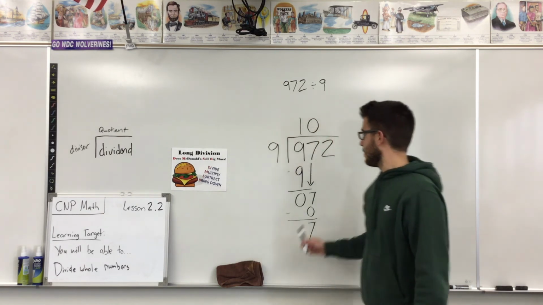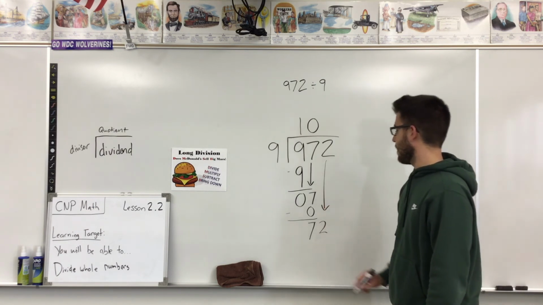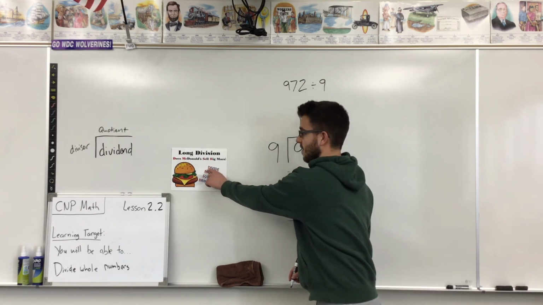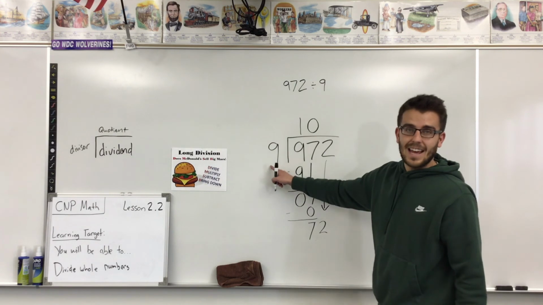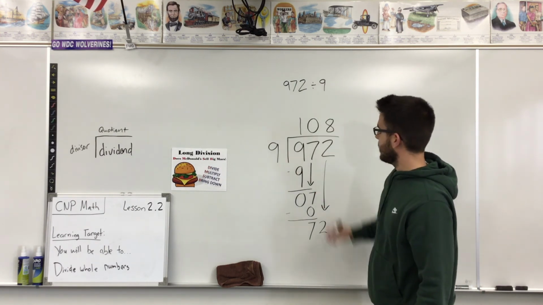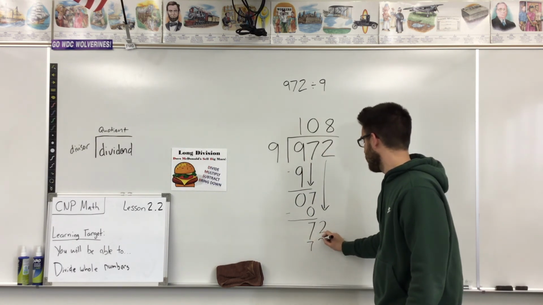Bring down. You bring down this 2, and we are left with 72. We go back to the very beginning, divide, and does McDonald's sell Big Macs? 72 divided by 9 gives you 8. We multiply 9 times 8, which is 72.